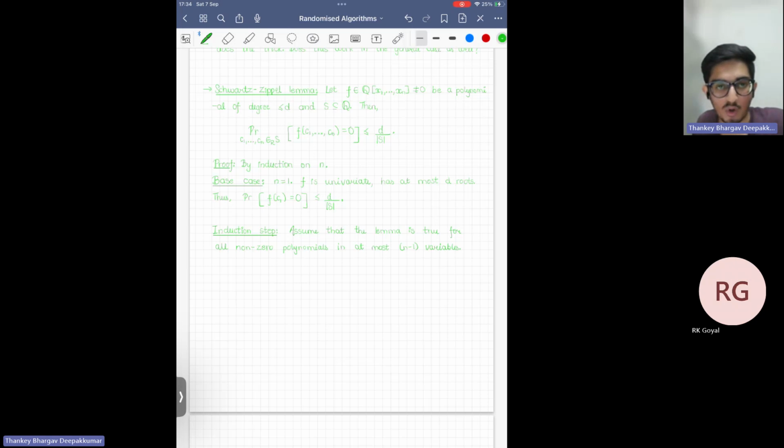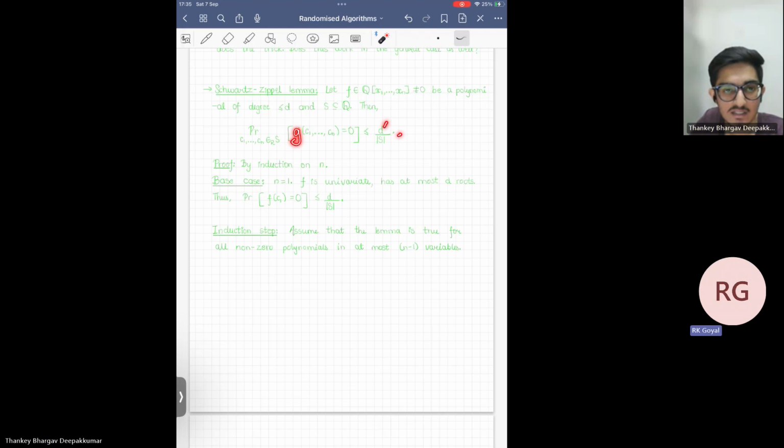Assume that the lemma is true for all non-zero polynomials in at most n minus one variables. What does that mean? If I have a non-zero polynomial g in at most n minus one variables, and its degree is d prime, then the probability that this would be zero would be d prime over size of S. Is the induction hypothesis clear? Yes.